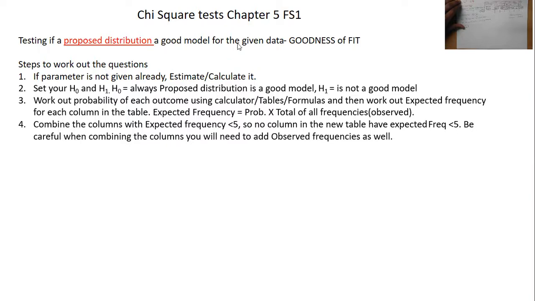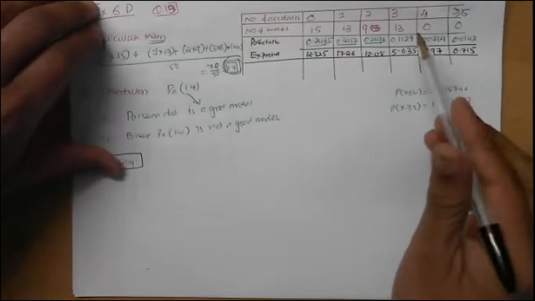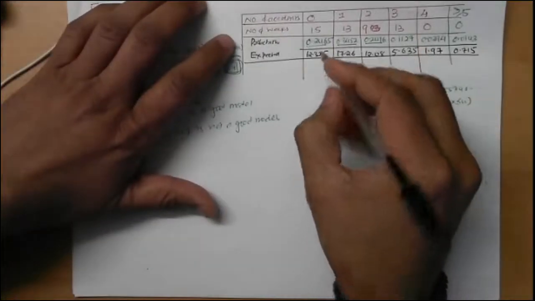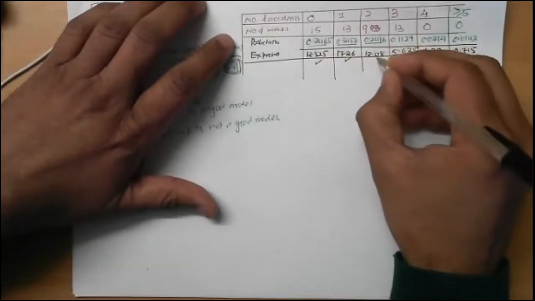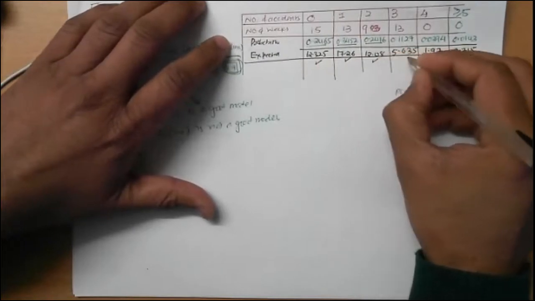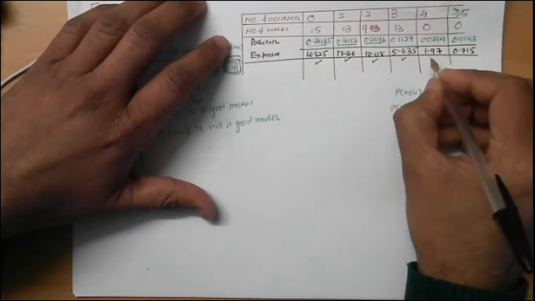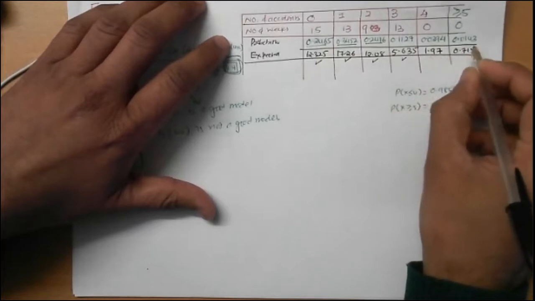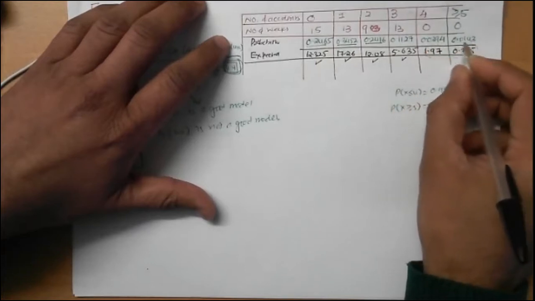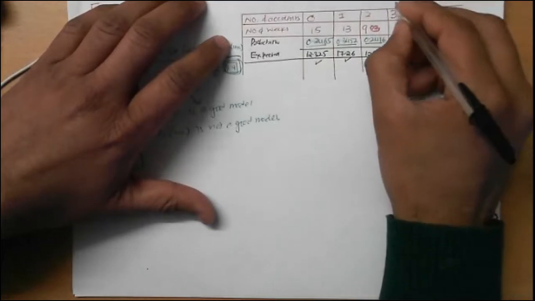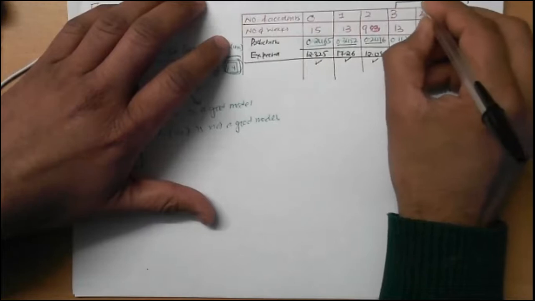I'll tell you what I mean by this, guys. I need to see this is fine, this is fine, this is fine because it's bigger than 5. This is bigger than 5 as well. So this is not, we need to combine this. If I combine these two, the total here will also be still less than 5. So that means I need to combine these 3 columns together.